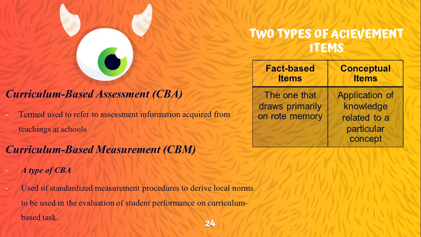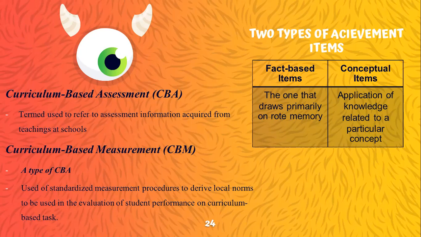The multiple choice is, for example, letter A color red, letter B blue, letter C orange, letter D green. We already know the answer because of rote memory. The answer is letter A, the color red.